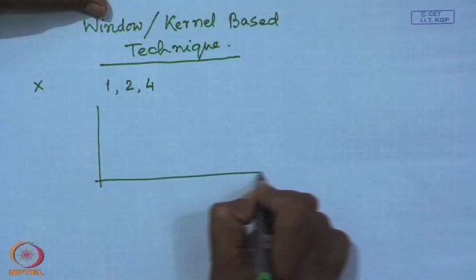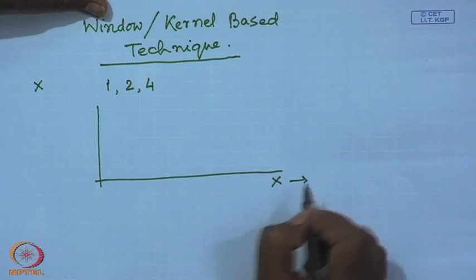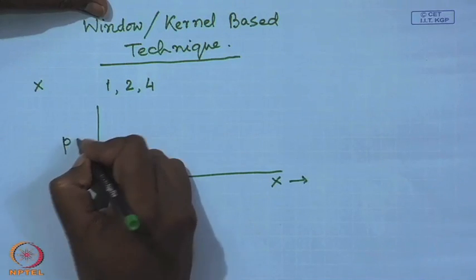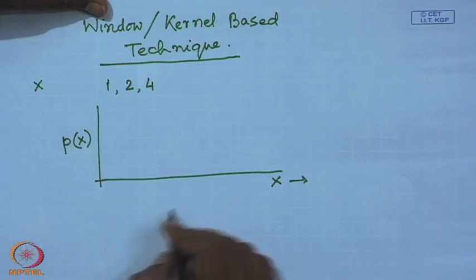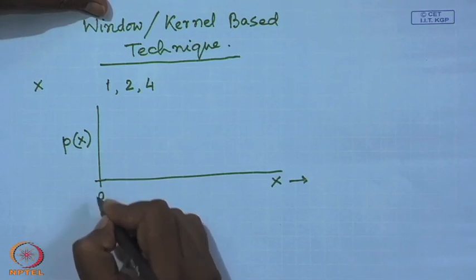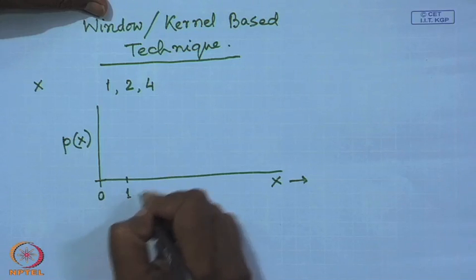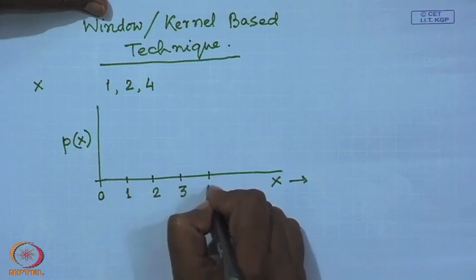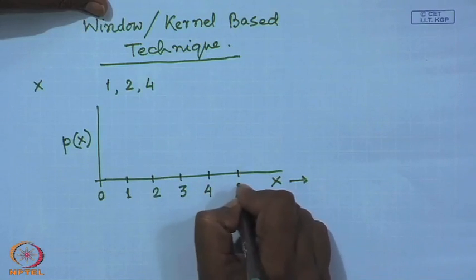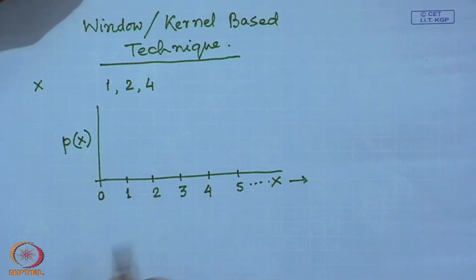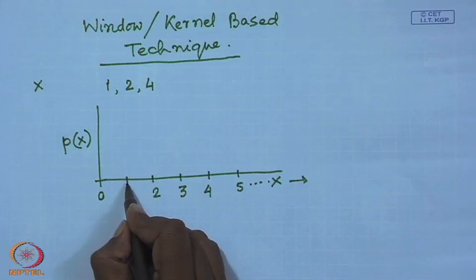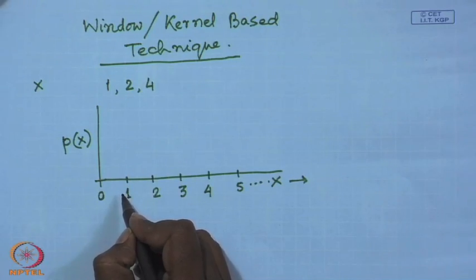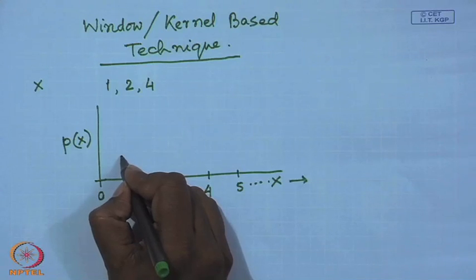I have this variable x, and on this axis I put probability of x, and I have x equal to 0 here, x equal to 1 here, x equal to 2, 3, 4, 5 and so on. Here you find that a sample at location 1 gives a probability density estimate which is a delta function, something like this.